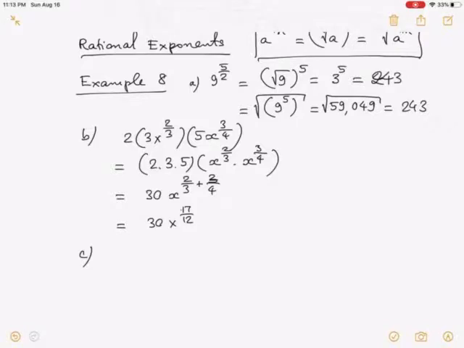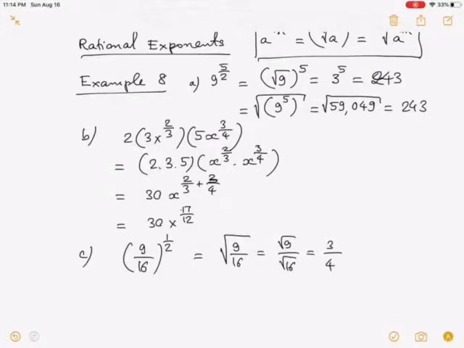Okay, another example. Nine over 16 to the power of a half. To the power of a half, it is the square root of 9 over 16.